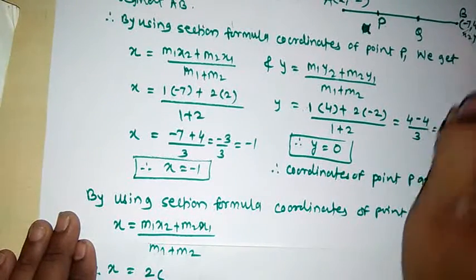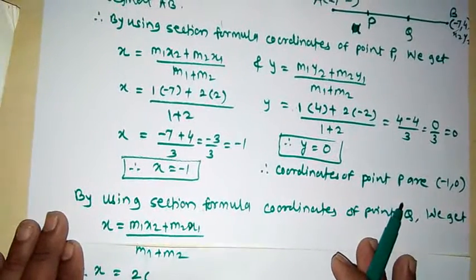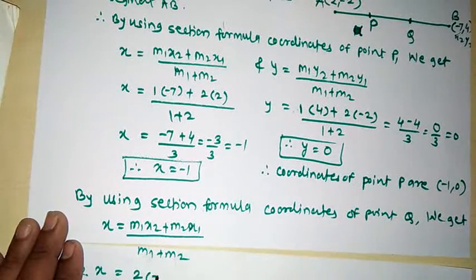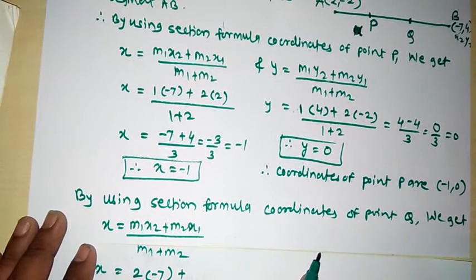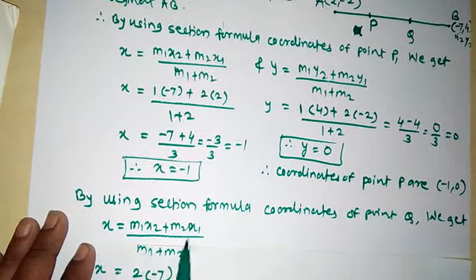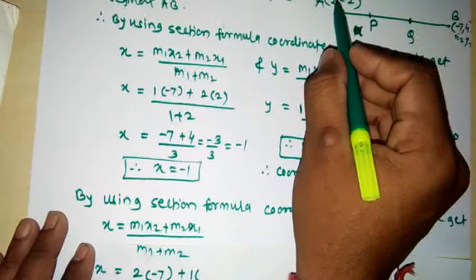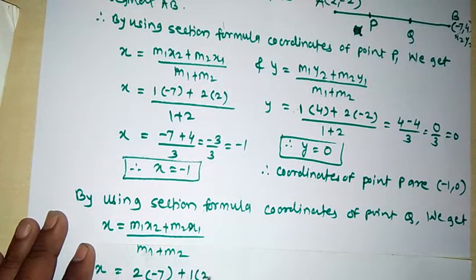X2 is -7. Put here, X2 is equal to -7 plus, what is the value of M2? M2 is 1 and X1 is, what is the value of X1? X1 is 2. I will put here X1 is 2, divided by M1 plus M2, which is 2 plus 1.